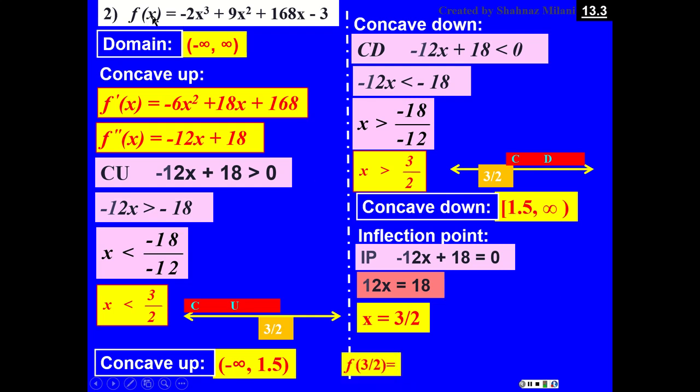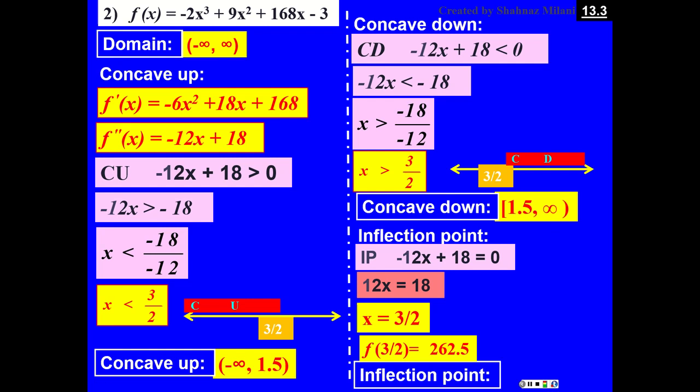I replace the x by 3/2 or 1.5. Again, I give you the answer, but you recalculate it at home. Then my inflection point, the x-coordinate is 3/2 or 1.5, and my y-coordinate is going to be 262.5.